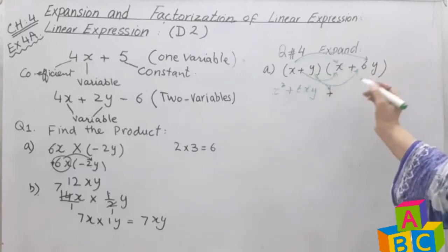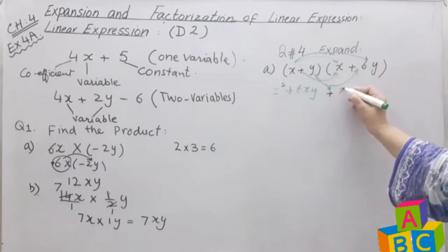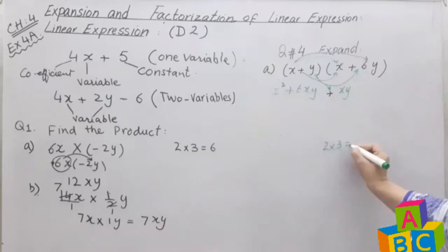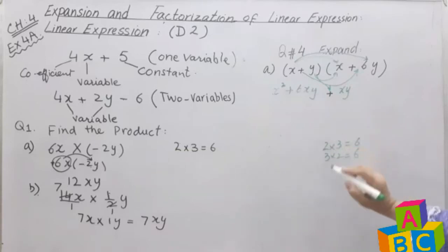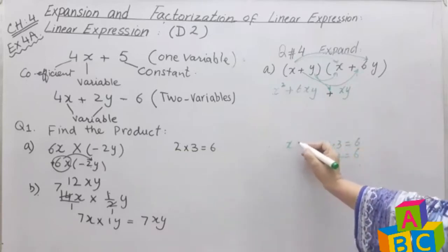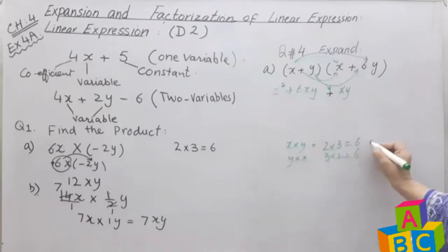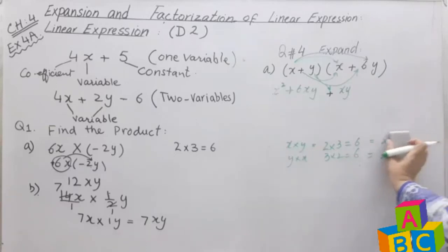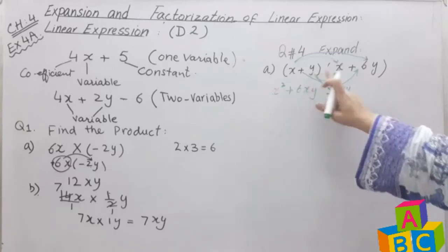So yx will be xy, or yx is the same, just like 2 multiplied by 3 is 6 and 3 multiplied by 2 is 6. If I multiply x by y or y by x, in both forms we get xy.